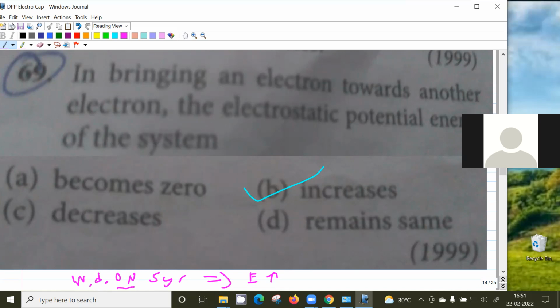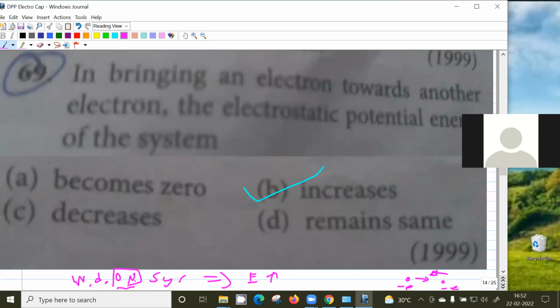So to bring two electrons closer, we have to do work on the system, right? Because there will be a repulsive force. So an external agent has to do some work to bring one electron towards the other electron. So work is done on the system by some external force. So whenever you do work on the system, the energy of the system will go up.